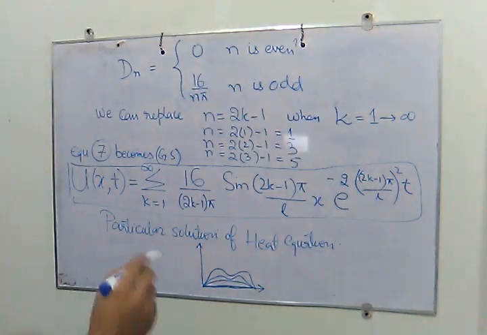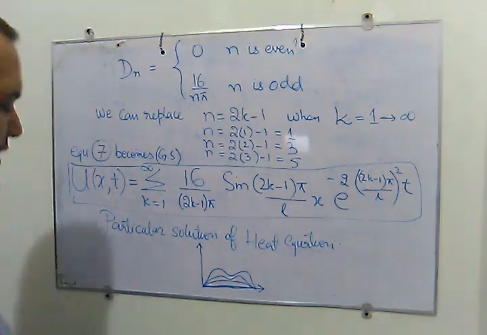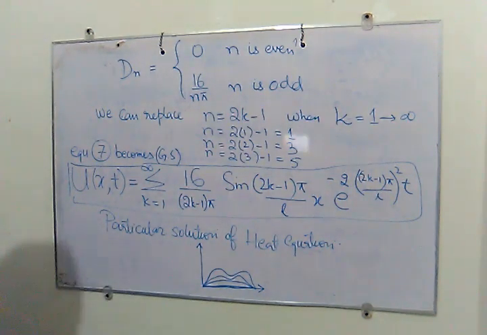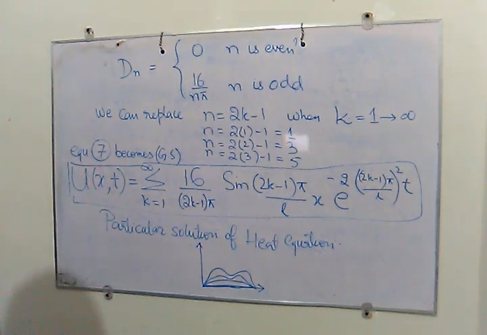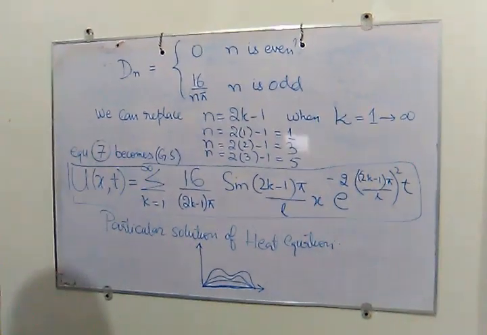So this would be the graph if you see the distribution of the heat equation. This is a two-dimensional graph. When you apply this result in some computer software like MATLAB, you will see the distribution. When you increase the t, it will go to 0. So this is the physical interpretation of the solution.